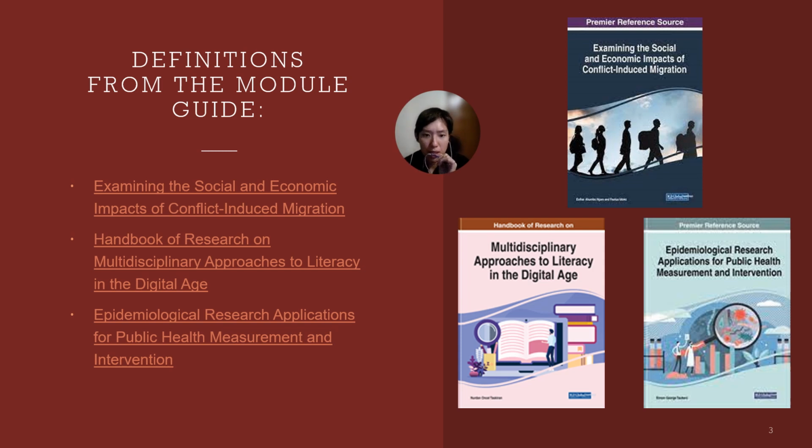The second one is Handbook of Research on Multidisciplinary Approaches to Literacy in the Digital Age. And third is Epidemiological Research Applications for Public Health Measurement and Intervention. You can easily download the module guide, and you can find the link to where the definitions were taken from.